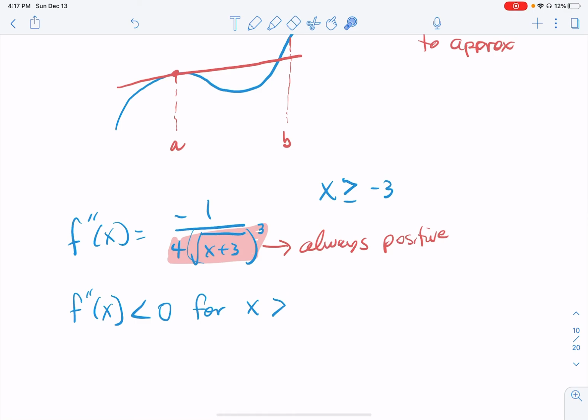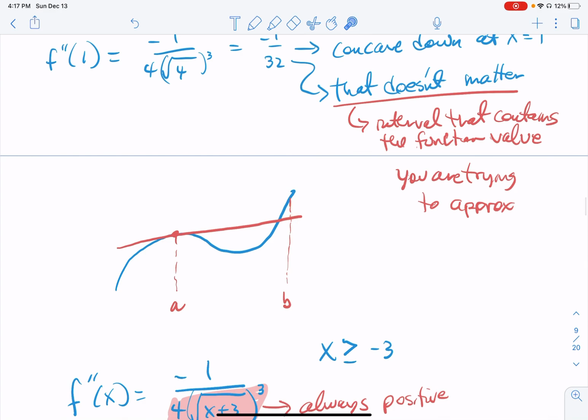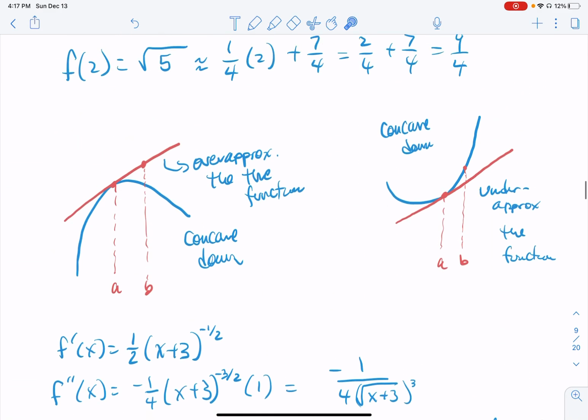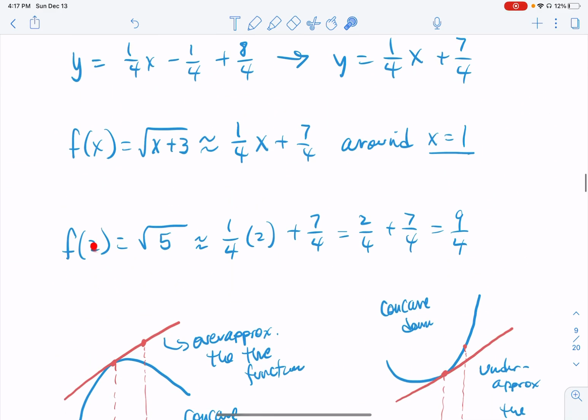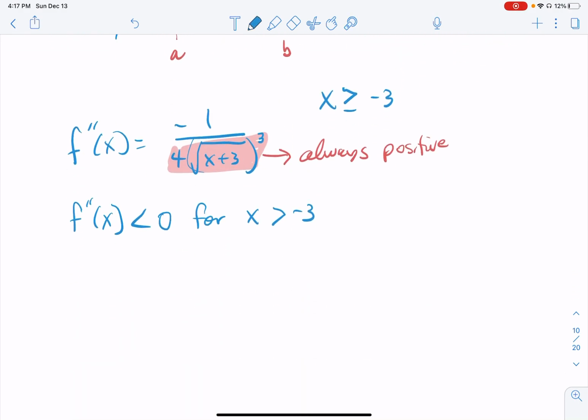This includes my point of tangency, and it also includes the point which we're trying to approximate it at, all the way through to, what the heck was this? 2 over here. So we can conclude from this that our function is concave down.